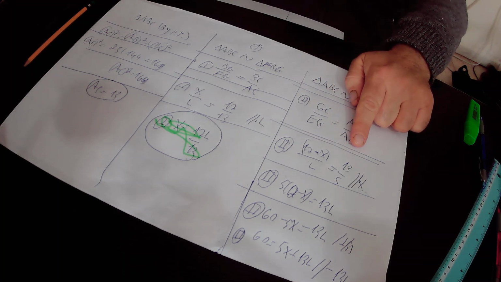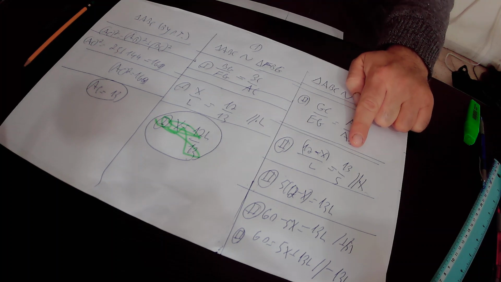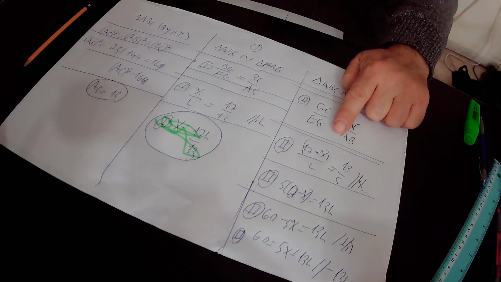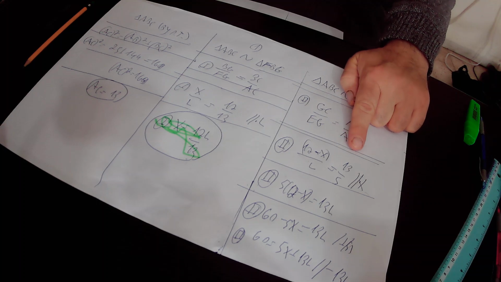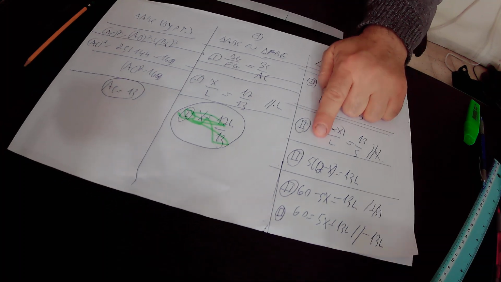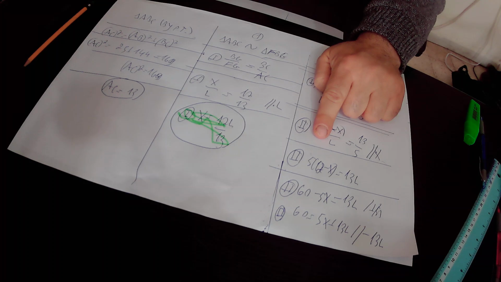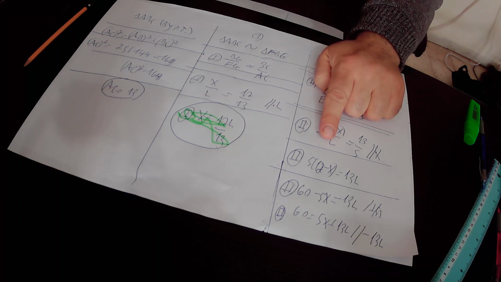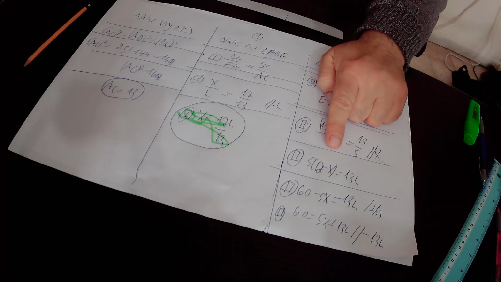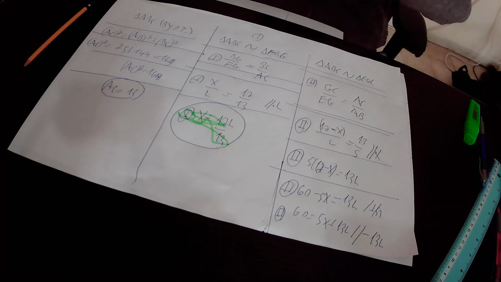13 over 5. Here we cross multiply this equation 2, and finally find that 5 times 12 minus x equals 13L. Here we open the brackets, and 5 times 12 is 60. So 60 minus 5x equals 13L.